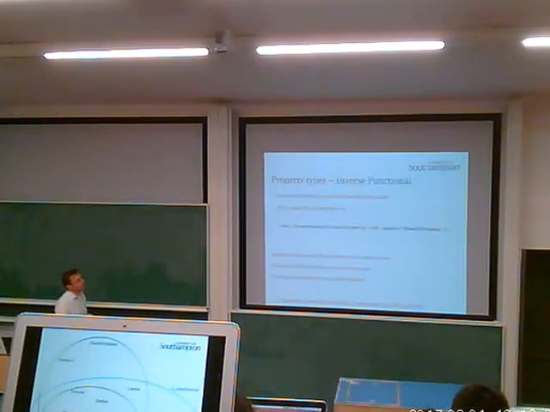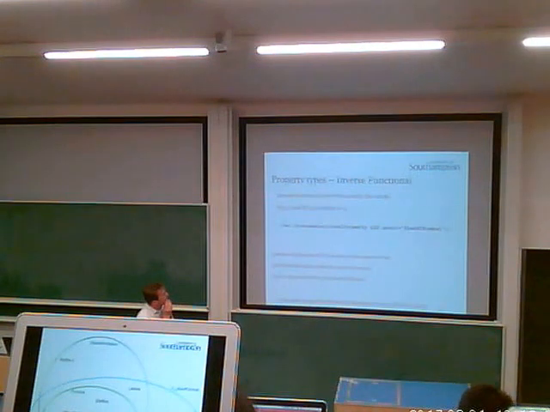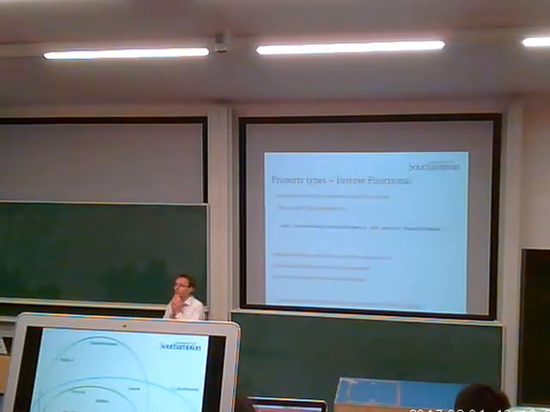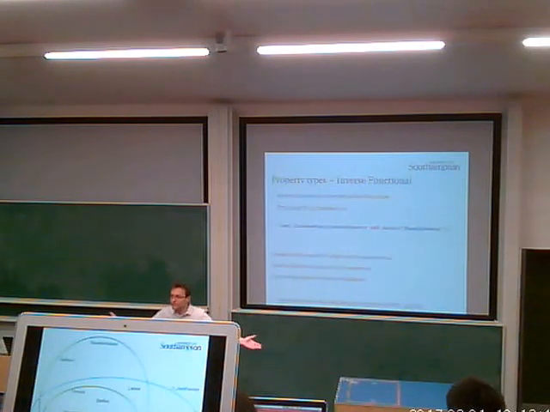Sometimes we have properties that are both functional and inverse functional. Could you think of something like this? Is national insurance involved? If you think about the whole world, no, because I don't have one.